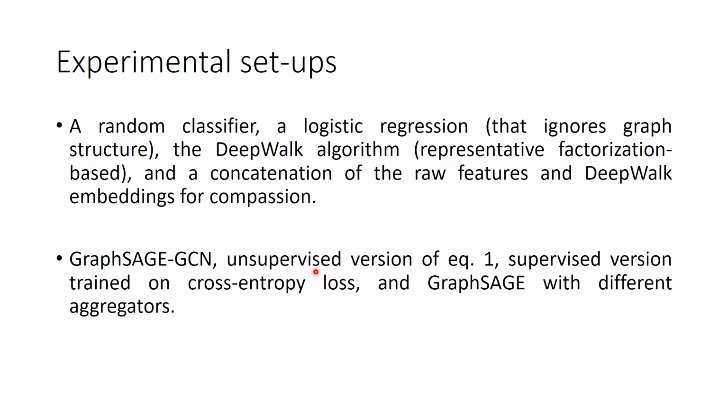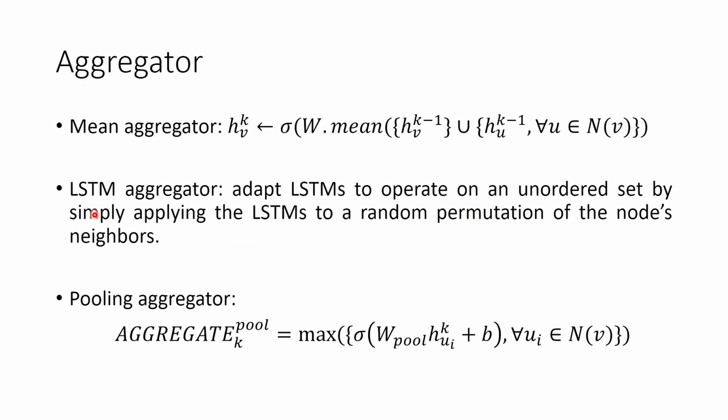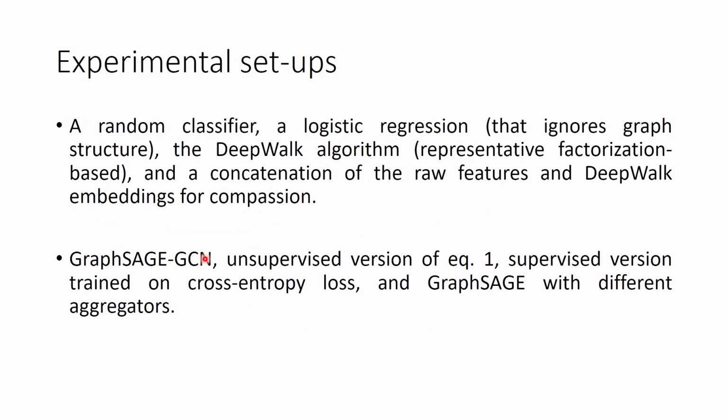Then we use Graph Convolution Network, like the supervised version of equation 1, which we have taken as the loss function. This is GraphSAGE GCN for the unsupervised version. For the supervised version, we train on the cross entropy loss, and GraphSAGE with different aggregators.